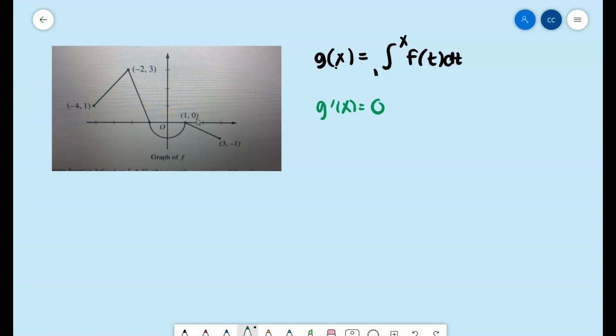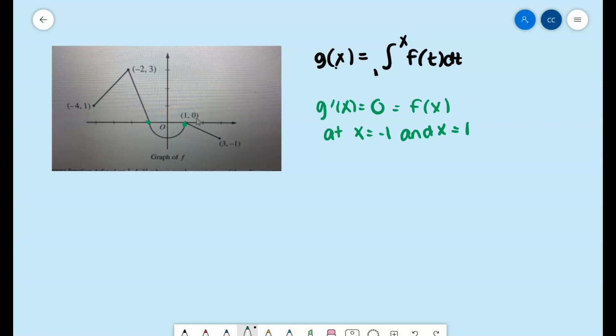So in this case, we are looking for the points at which f of x is equal to 0. So those points occur at -1 and 1. So for the first part of this, we know that g prime of x will equal 0 at x equals -1 and x equals 1.